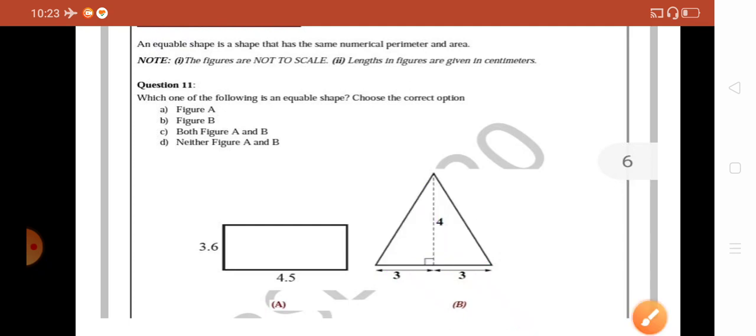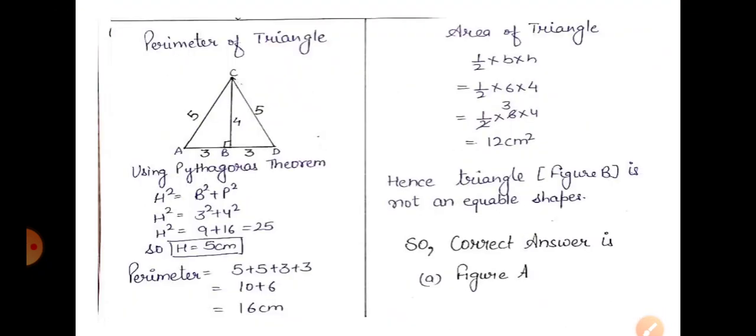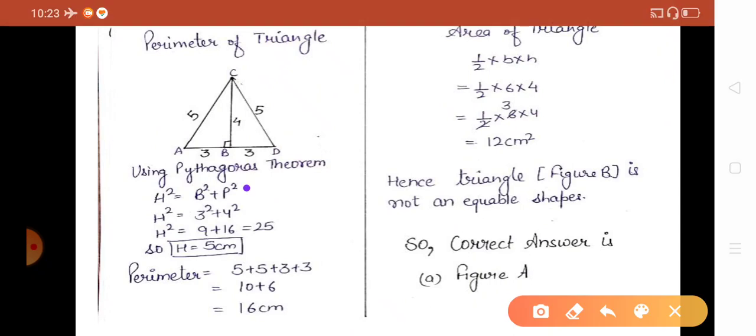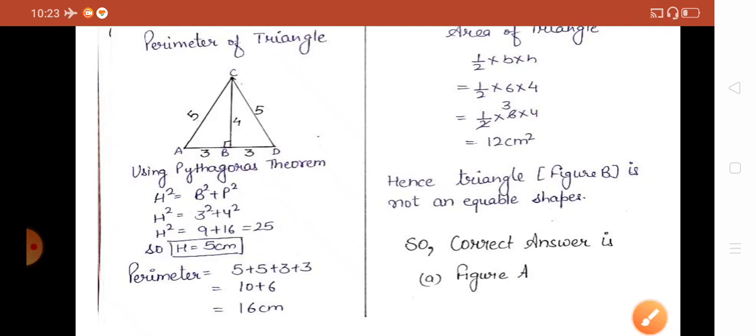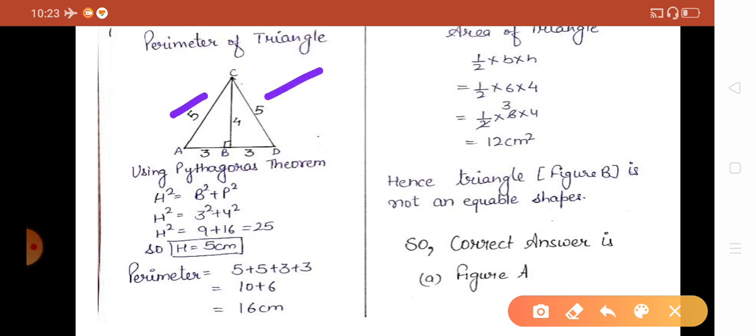By using the Pythagoras theorem, as we know, hypotenuse square is equal to base square plus perpendicular square. You are given the base as 3 centimeter and the height as 4 centimeter. By putting the values, we get 3 square plus 4 square, 9 plus 16, 25, and the hypotenuse is 5 centimeter. So both the sides are 5 centimeter each.